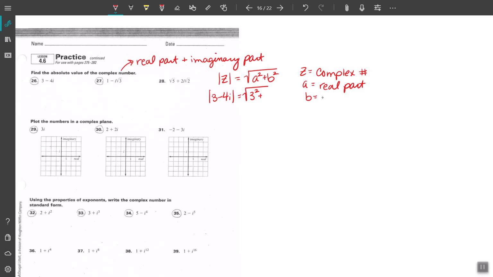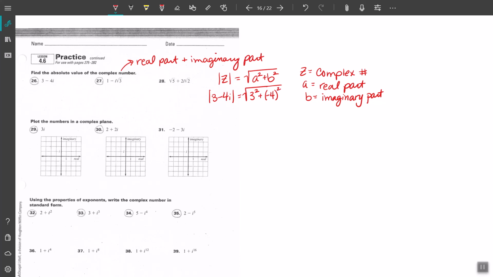So for B, we want the imaginary part without the i, okay? So we're not going to stick the i under there. We're going to take the 4, and as a matter of fact, this one is a -4, and we're going to square it as well.